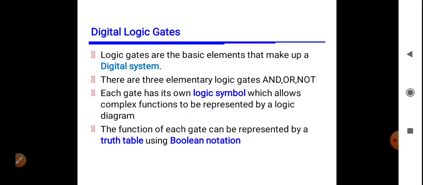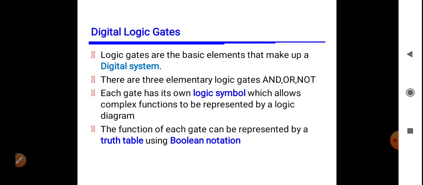Concept of Boolean algebra. But before going for Boolean algebra, we must know the basic concepts related to it. The complete Boolean algebra deals with a Boolean function.